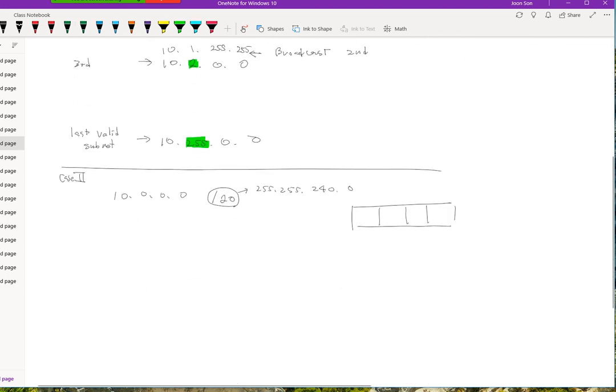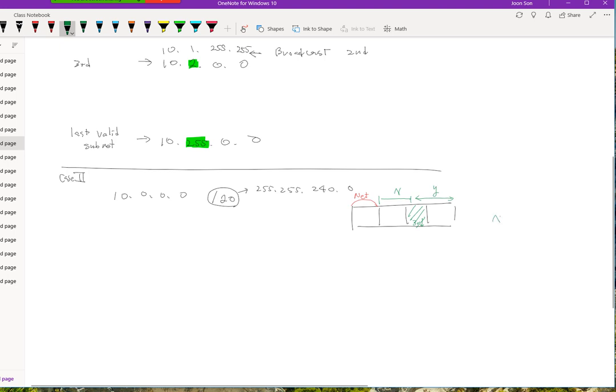And for case number 2, we know this is the network portion, same thing. And for case number 2, my x really ends somewhere in the third octet. So this is my third octet, and then this is my x, and then this is my y.